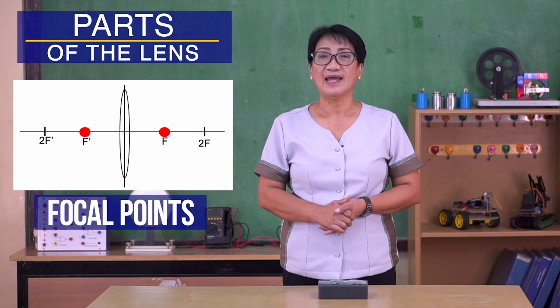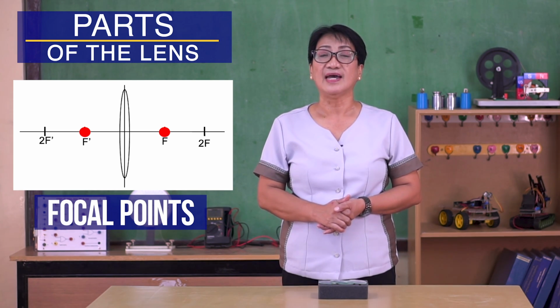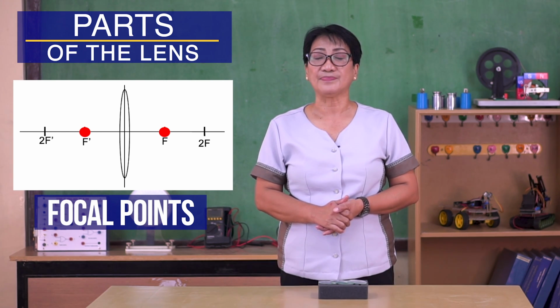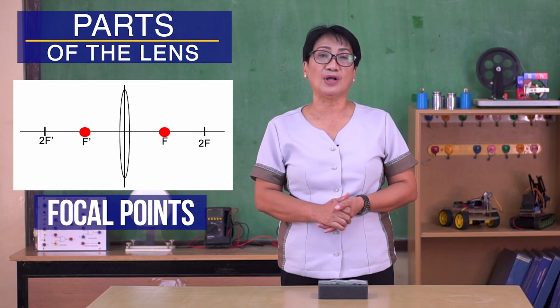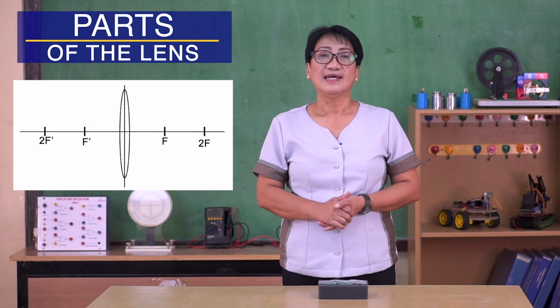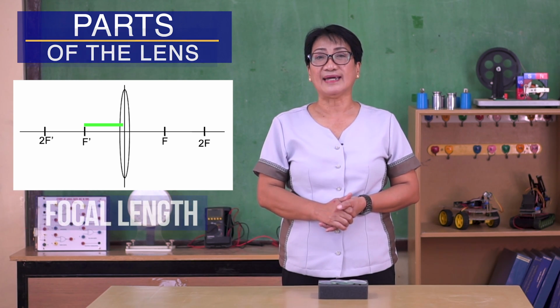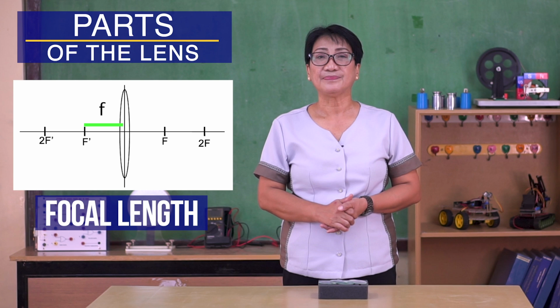Unlike mirrors, lenses can allow light to pass through either face, depending on where the incident rays are coming from. Subsequently, every lens has two possible focal points. The distance from the lens to the focal point is the focal length, abbreviated by the small letter f.